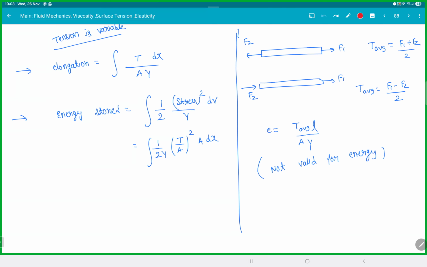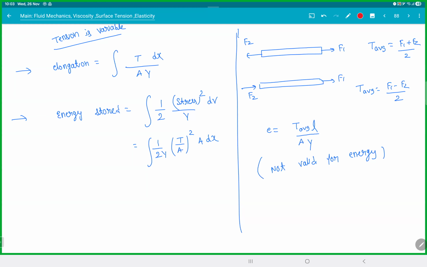Better than that, this I like, because you can write strain as stress by Young's modulus and you'll get this. And if F is there, for elongation there's a shortcut. If you have F1 and F2 both in the opposite direction, then you can take F average, F1 plus F2 by 2. Both in the same direction, you can take F average, F1 minus F2 by 2. Elongation will come. But this will not give you energy. Energy you have to integrate again.